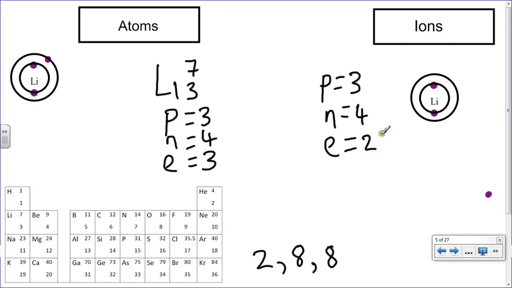So there must be a charge on lithium now. It's got 3 positive protons, 2 negative electrons, so overall there's going to be 1 positive charge on lithium. So to show that, what we do is put some brackets around the ion, and then we can say it has 1 positive charge, or +1.